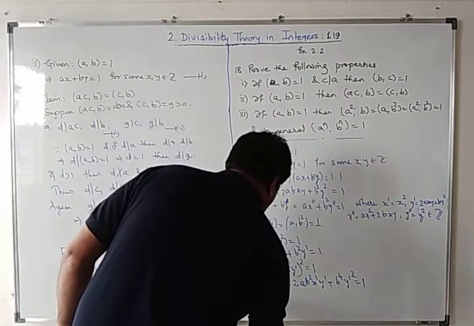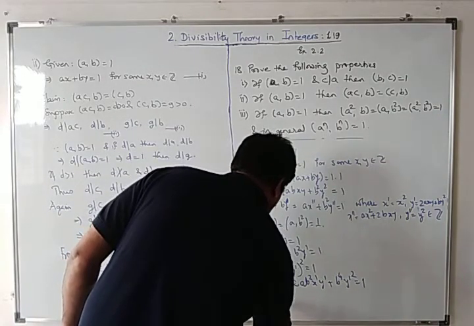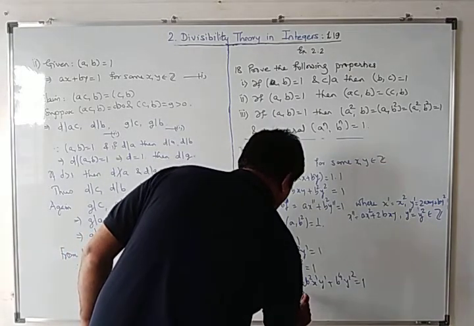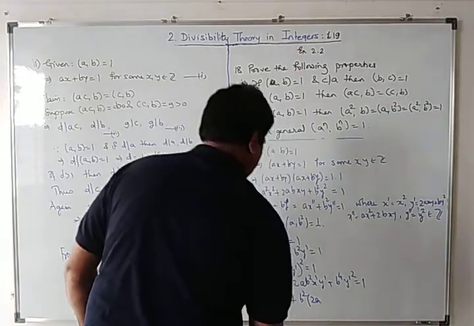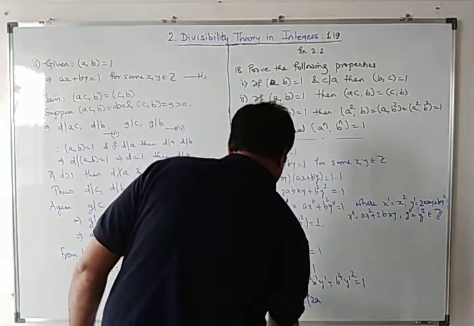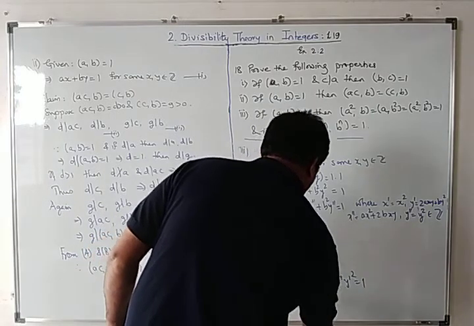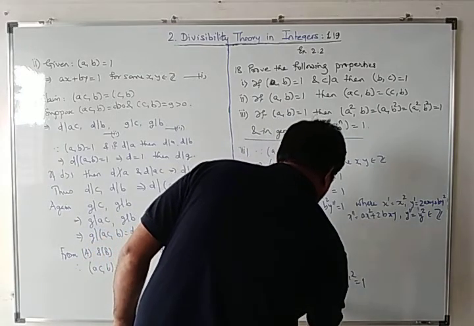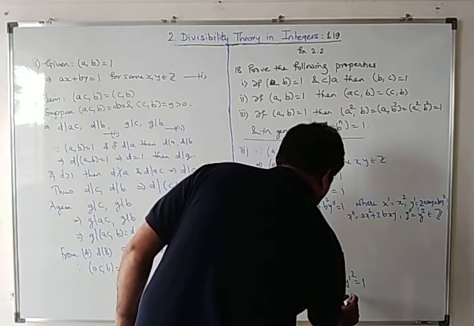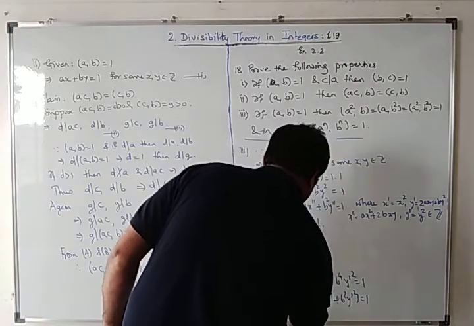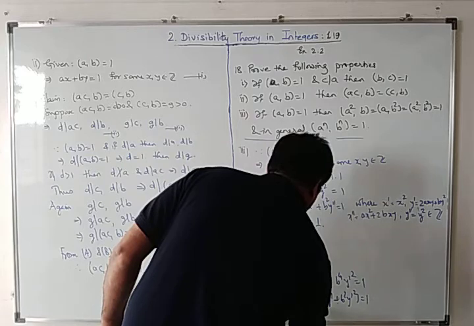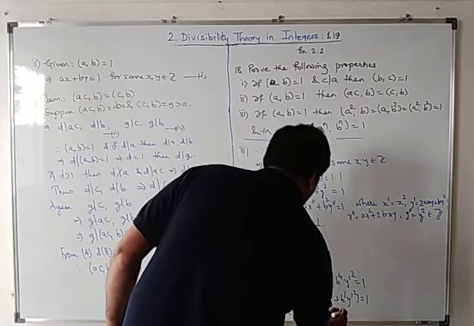Now this is nothing but a square x double dash plus b square into 2a x dash y dash plus b square y dash square is 1. This is equivalent to a square x double dash plus b square y double dash is equal to 1.